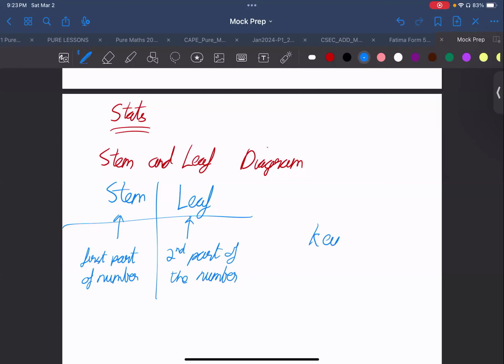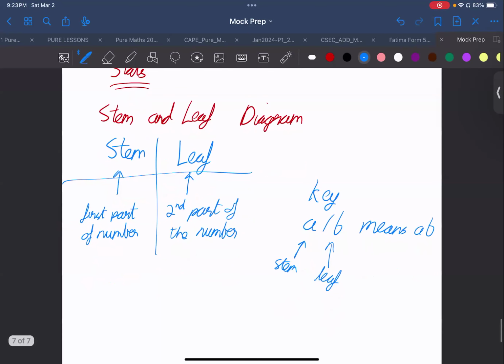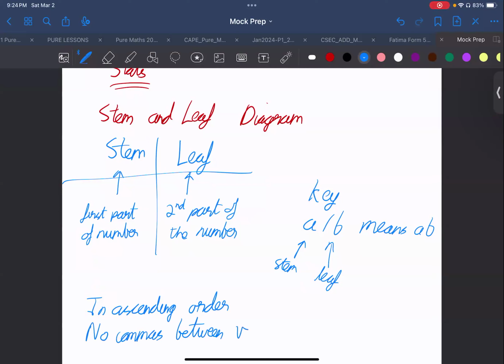Then you have a key, which goes A/B means AB. This is your stem. This is your leaf. A couple things to note: in ascending order, no commas between values in the leaf.